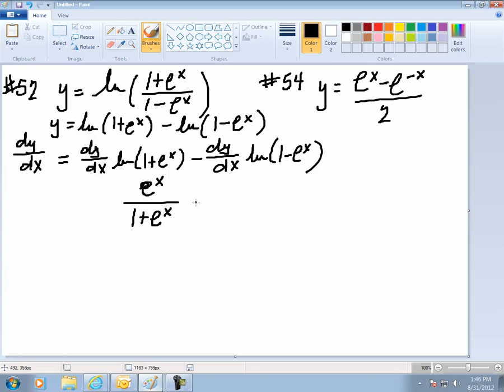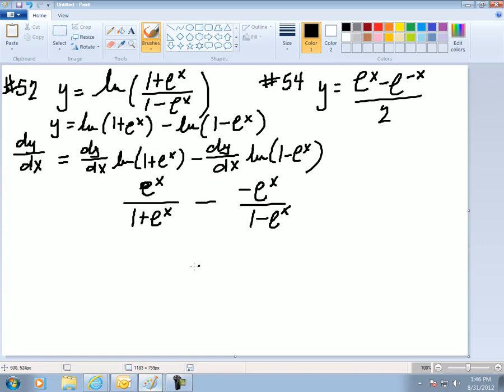And now we're subtracting here. Again, same idea. If we let this inner part be u, it's the derivative of u, which would be minus e to the x, okay? Because the derivative of 1 minus e to the x is just minus e to the x, all over that whole thing. Minus e to the x.